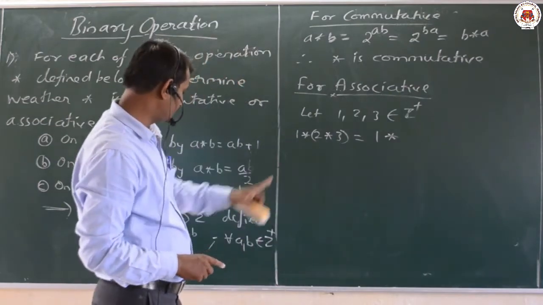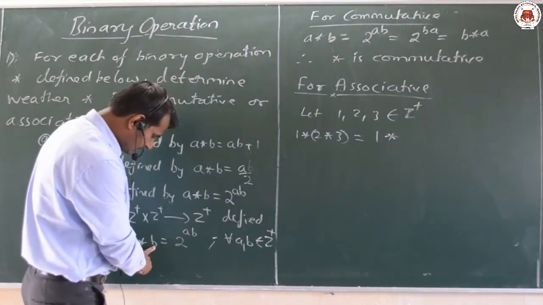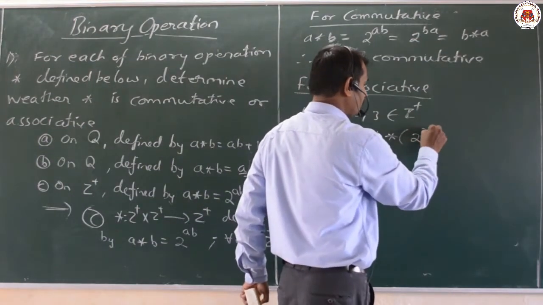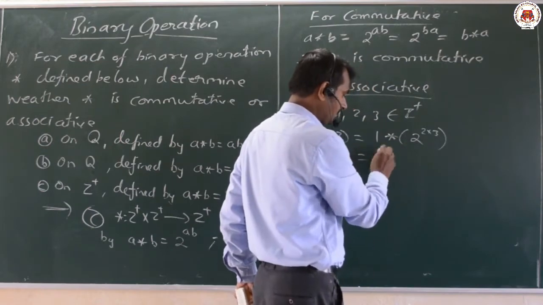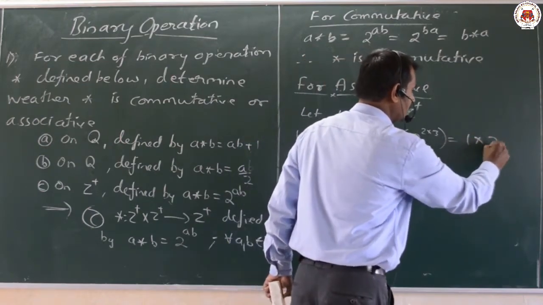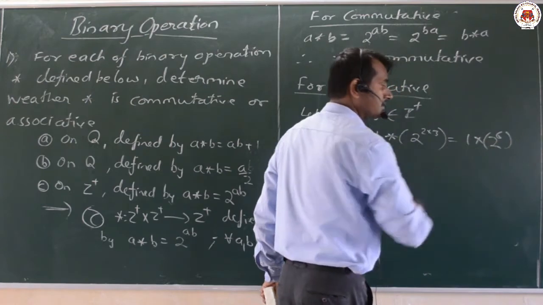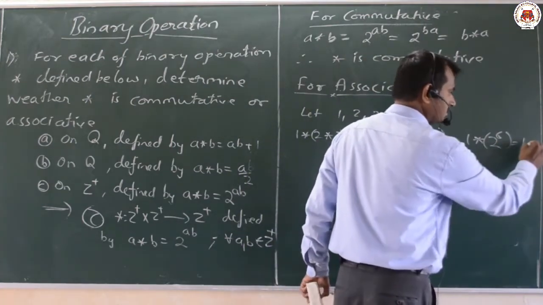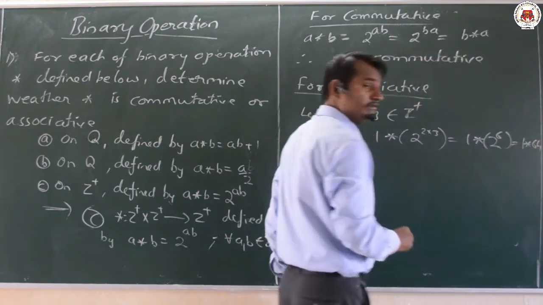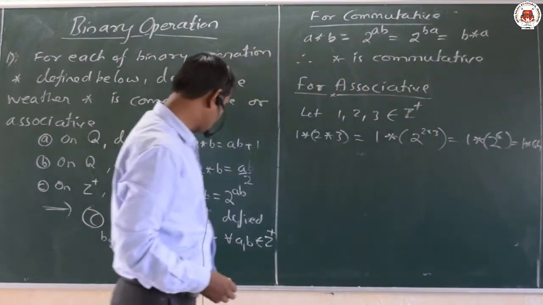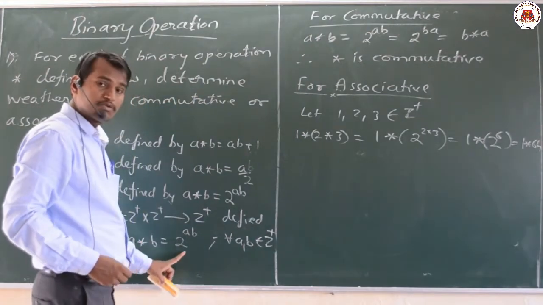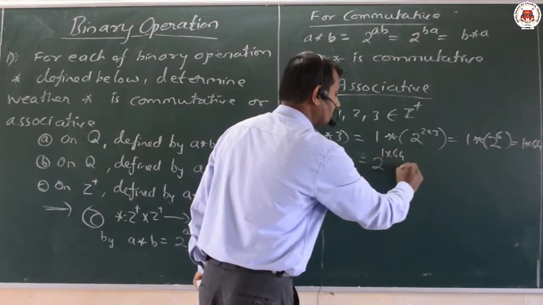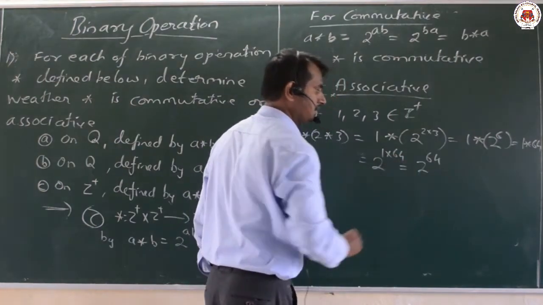What is the value of 2 star 3? According to the definition, 2 star 3 means 2 to the power of 2 into 3, that is 2 to the power of 6. So that is 1 star 2 to the power of 6, which is 1 star 64. Now 1 star 64 means, A star B is 2 to the power of AB, so 2 to the power of 1 into 64, which is equal to 2 to the power of 64.